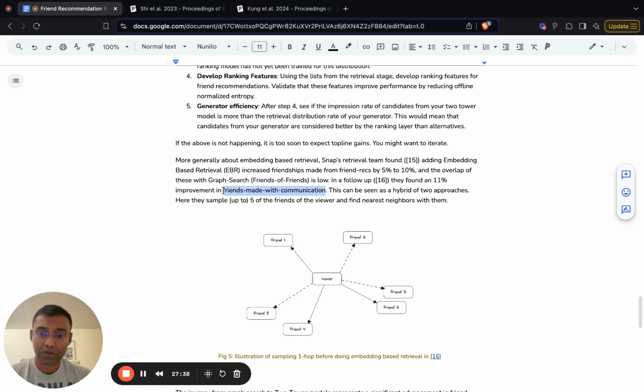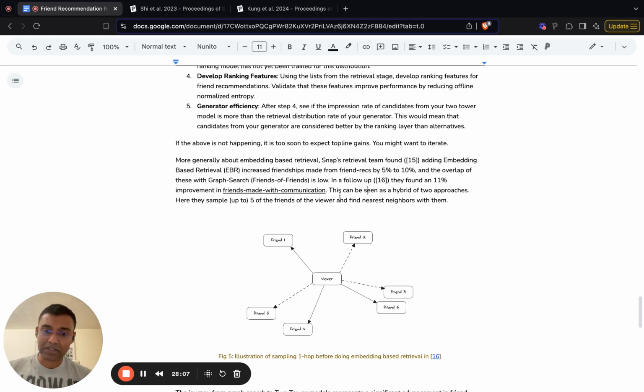Often in your recommender system, making a friend on the platform is just the starting point. After that, you expect users to communicate or engage with content from each other, or derive value from that social relationship.